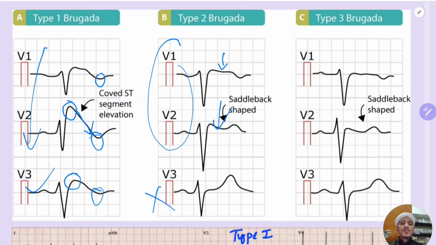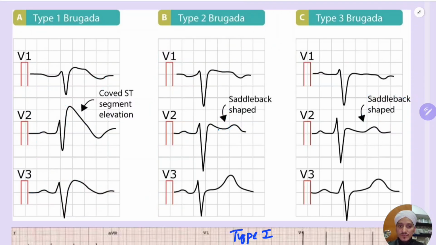So type 3 Brugada, what is the difference between type 2 and type 3 Brugada? Just the difference in amplitude. The amplitude of ST segment elevation in type 2 Brugada is more than the amplitude of elevation in type 3 Brugada, but it is saddleback only. See the amplitude, it is this much, and here it is touching this, and this one saddleback is touching downside.